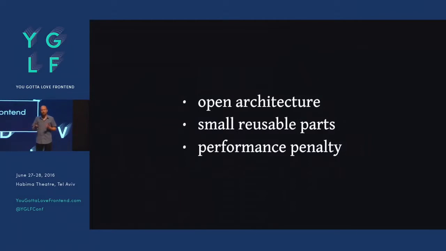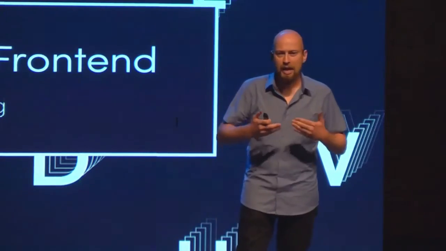What is interesting about this method is that you can compose the transform phase out of many small reusable parts, which are independent from each other, which are decoupled. And so in a natural way, it produces an open architecture. Such transpilers are very easy to extend.